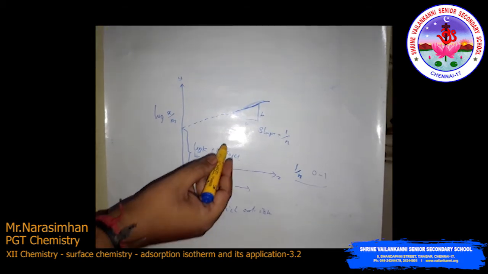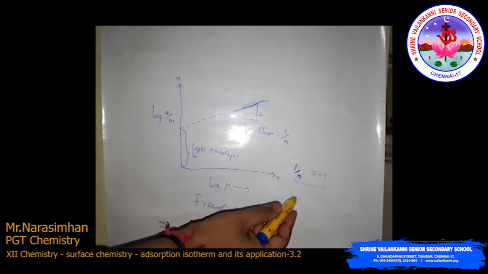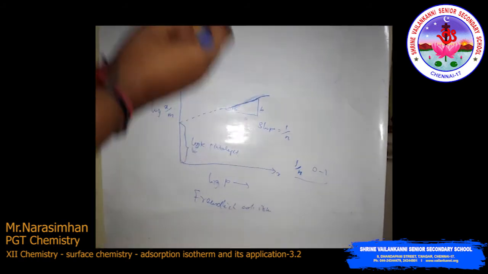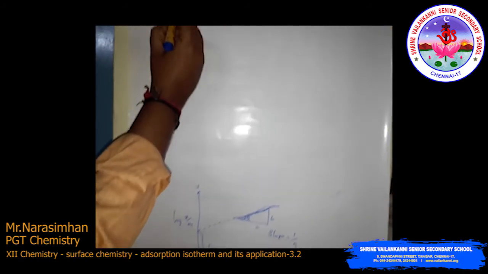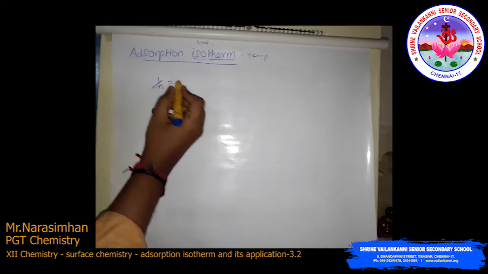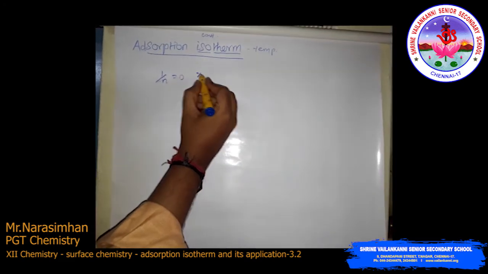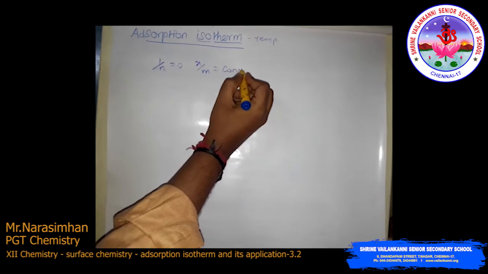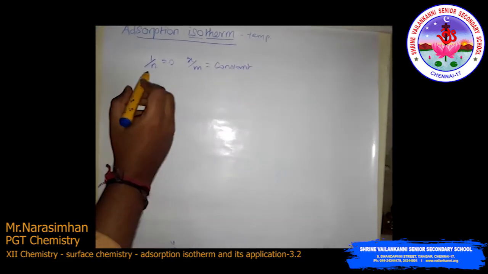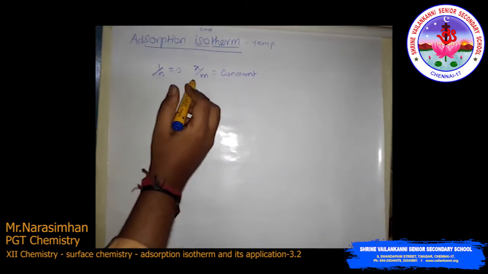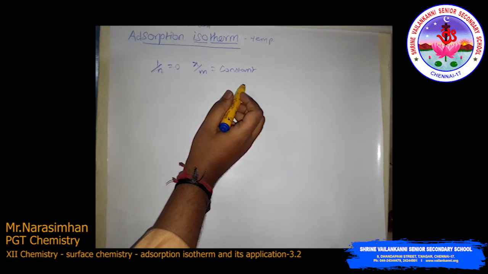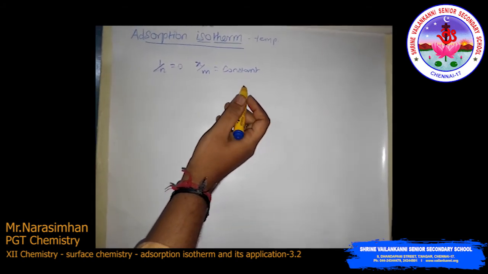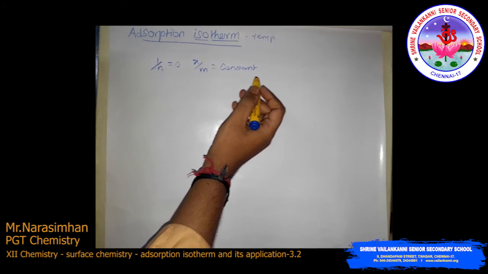The value of 1/n ranges from 0 to 1. When 1/n is equal to 0, x/m is equal to a constant, so the adsorption is independent of pressure.